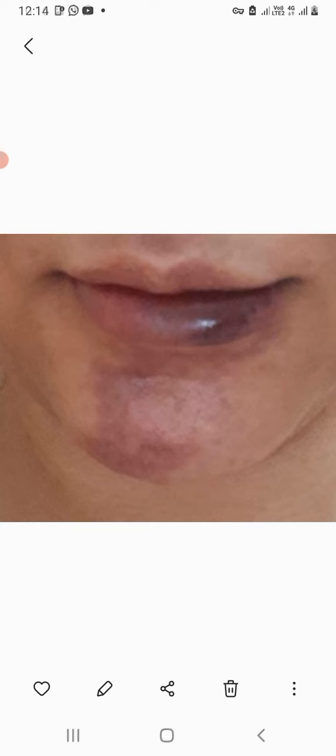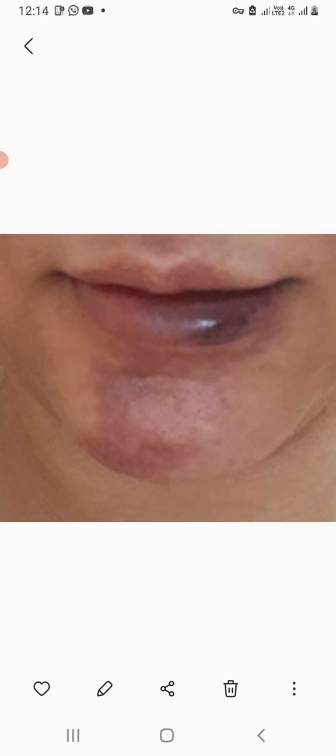But if you massage the area, the hematoma will be expanded and the injury to the vessel may get bigger and bigger, and this may result in complete rupture of the vessel under the skin.